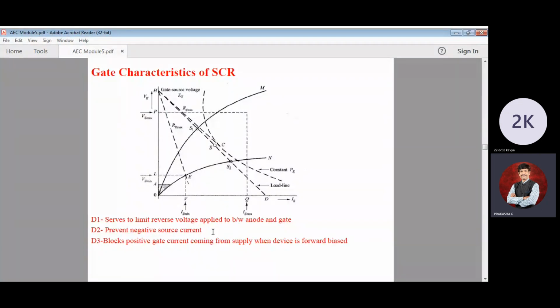I am able to identify those. Based on IG min and IG max, I am able to find VG min and VG max. So this is one point, this is another point.